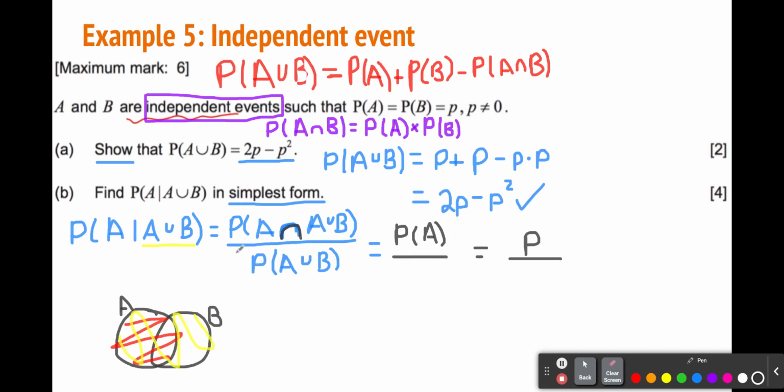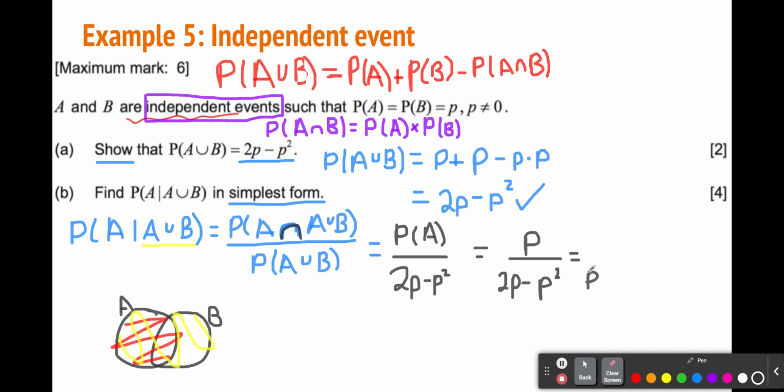And then what about the bottom part? The probability of A union B, well, we just did that, right? The probability of A union B was our 2P minus P squared. So that's going to stay here on our denominator. Now, they want us to simplify this. This is one of the tricky parts of our algebra. We need to realize that in the denominator, we have two P's here.